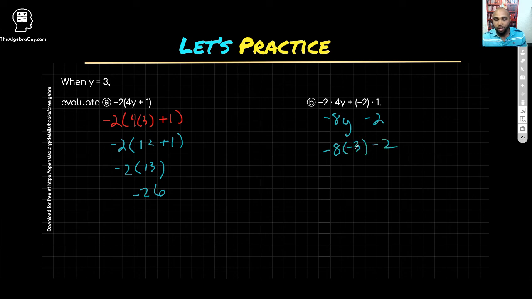Negative times a negative is a positive. Oh, why am I making it a negative 3? It's a positive 3. So negative 8 times 3 is negative 24. Minus 2 more gives me negative 26. So yep, same exact answer.